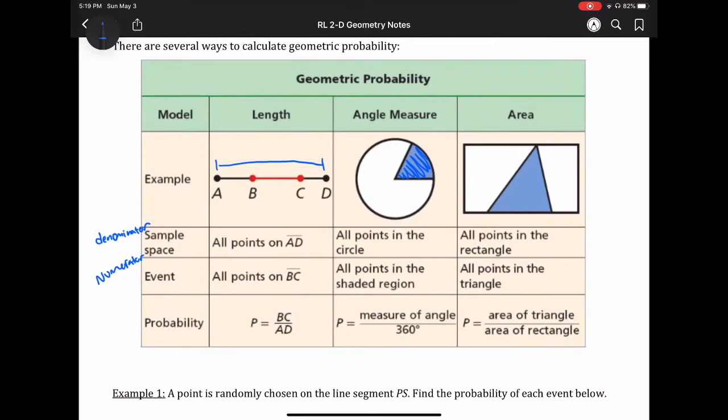Then we have area, where it says that we have, for a sample space, all points inside the rectangle, that's all the way around, that includes the triangle. And then it says the event is the points inside the triangle, so you have to do the area of the triangle divided by the area of the rectangle. All right, let's look at a few examples.